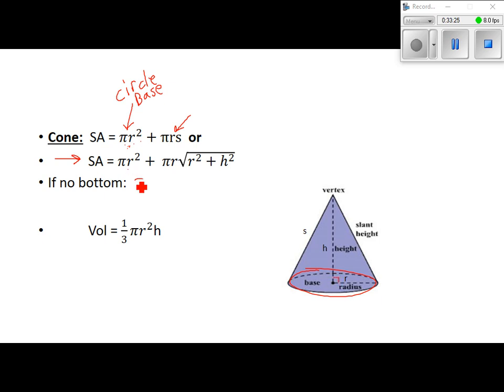So the formula for surface area could be just pi times radius times s, and we'll talk about that s here in a second. Or it could just be pi times radius times the square root of radius squared plus h squared.